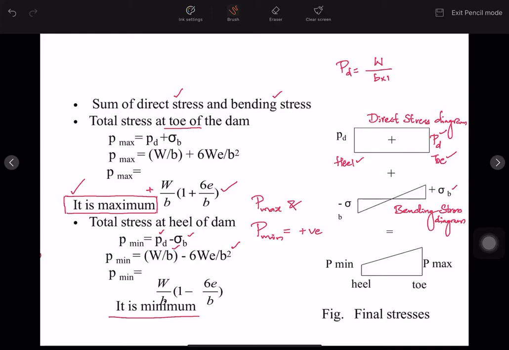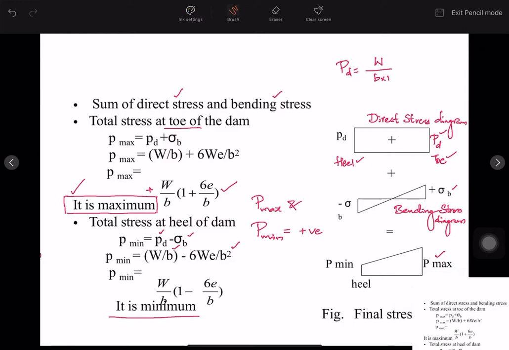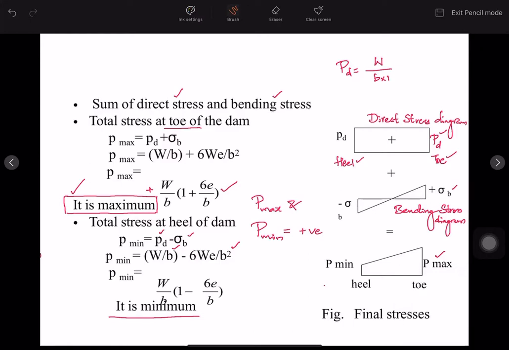And if you draw the final stress distribution diagram, as P max is on the toe side, we'll have a higher value here, and the minimum value on the heel side will be a lower value. And if we join these two by a line, we'll get the shape of a trapezoid, right?